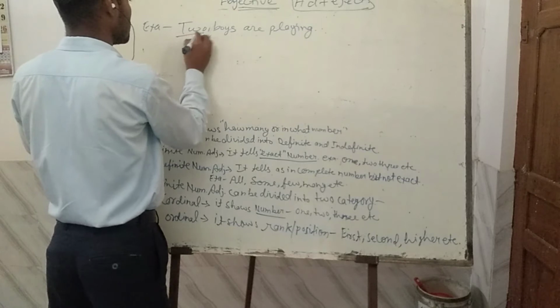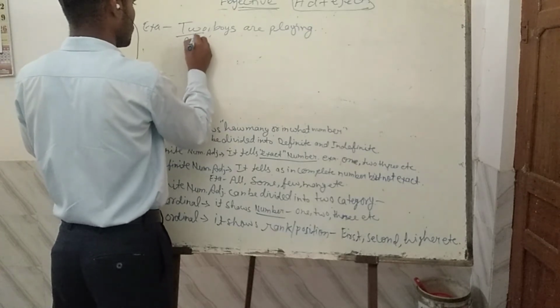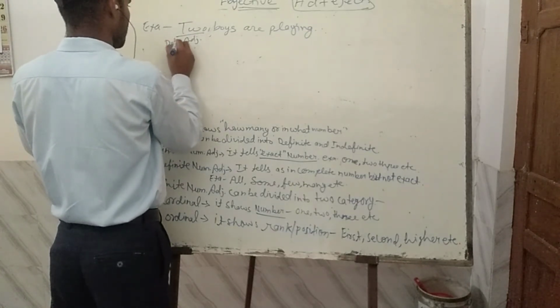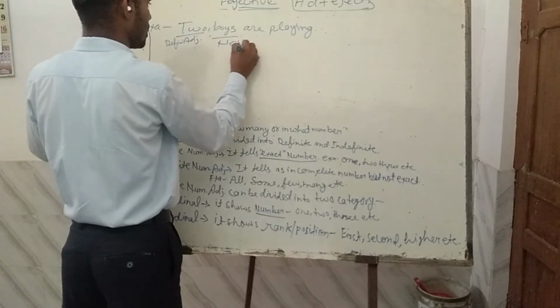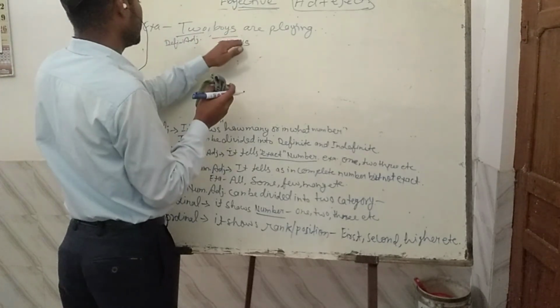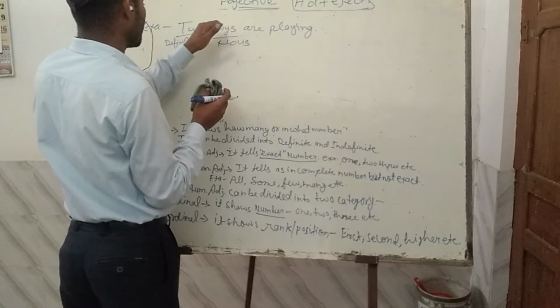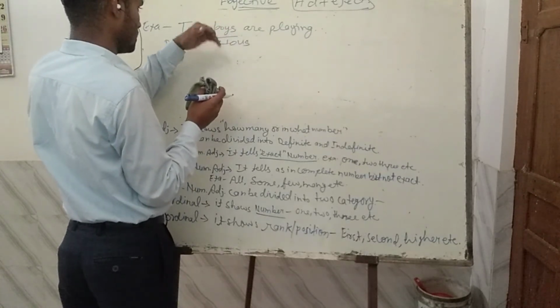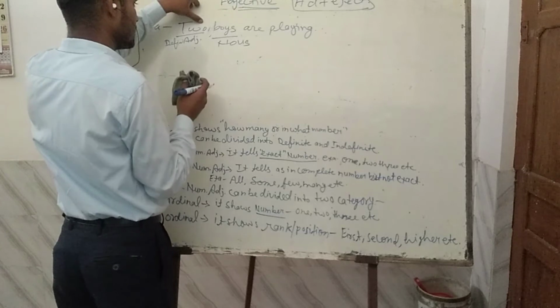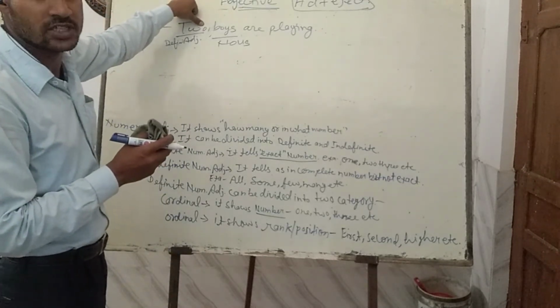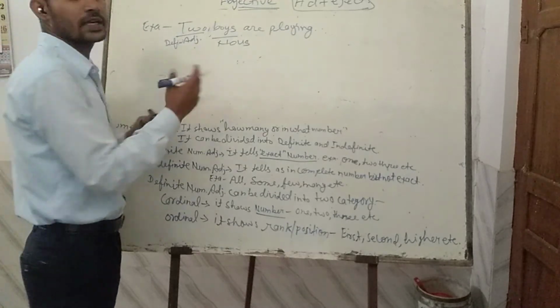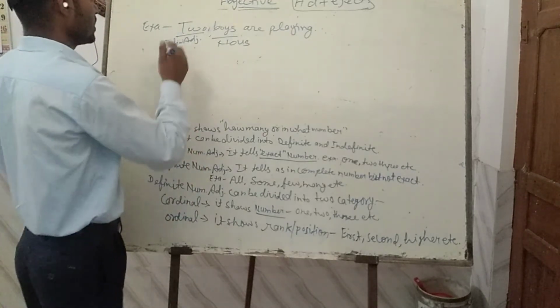Here 2 is the adjective that is definite, but boys is noun, and the word boys is being qualified and made exact by the word 1, 2, 3, 4, 5, etc. First boy, second boy also definite.